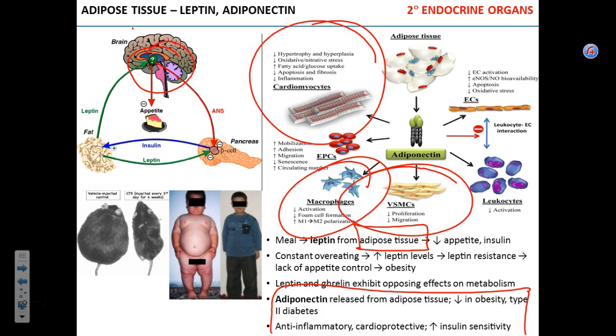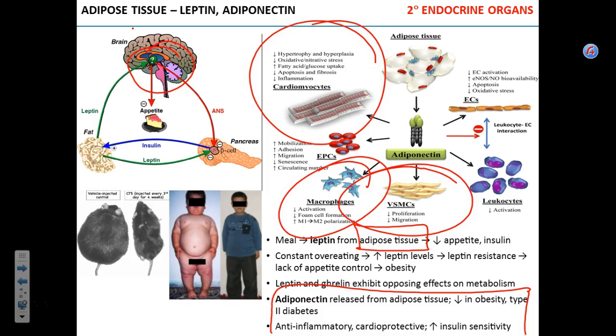You would say, okay, the more adipose tissue you have, technically the more leptin you should produce. But in obese people, leptin levels do not change much independently of whether they're eating or not.